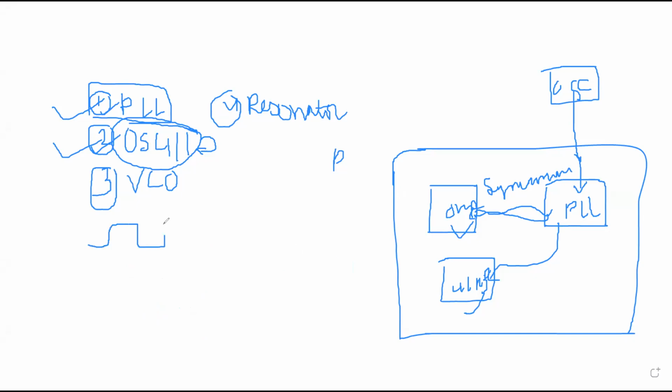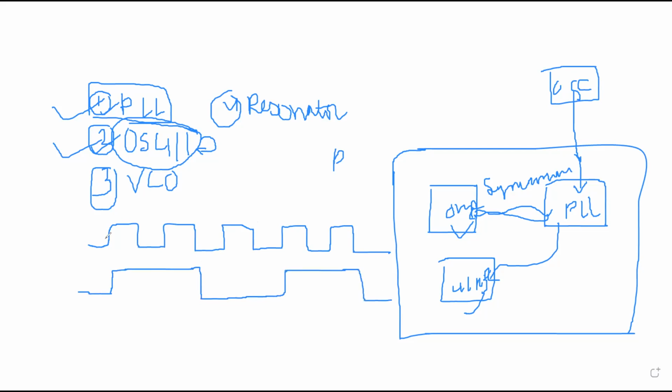Let's suppose I have a clock and there is another clock. If we compare them, the phase difference here is 0.